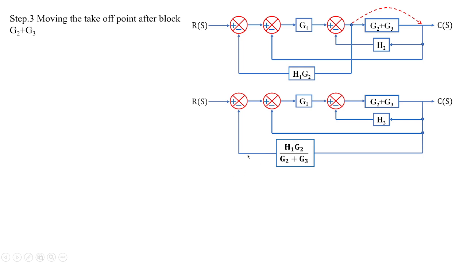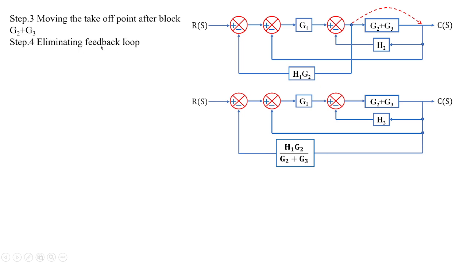Fine. Now you can see this block reduction has a feedback loop of H2, then a feedback loop of unity. G1 becomes in series with the feedback block. Then you have the entire combination of G1, G2, G3 and H2 in a unity feedback, which goes to one value, and that has feedback with the final H1 G2 by G2 plus G3.